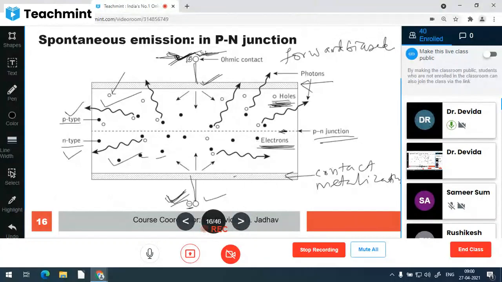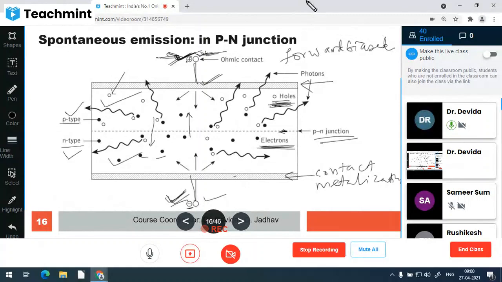In the forward biased case, the electrons from the N region get conducted into the P region, and holes from the P region get conducted into the N region.